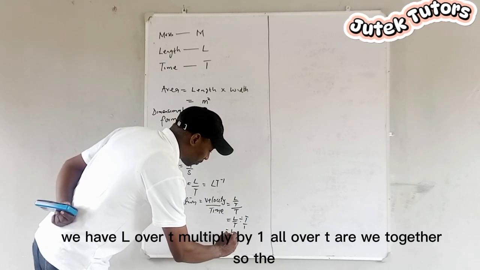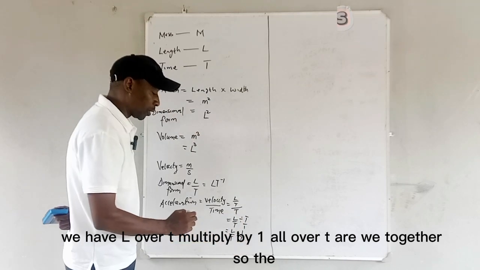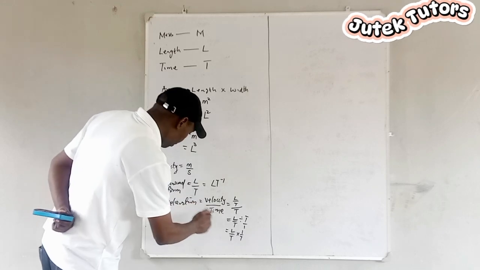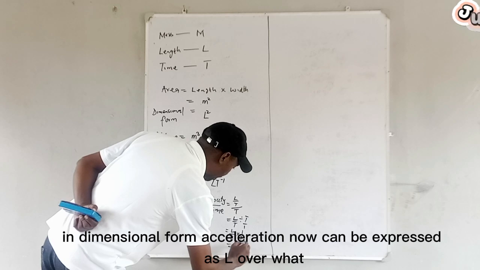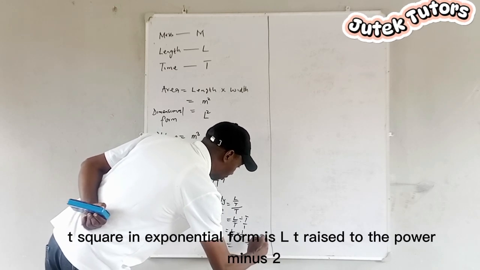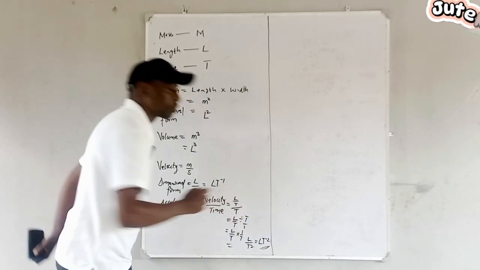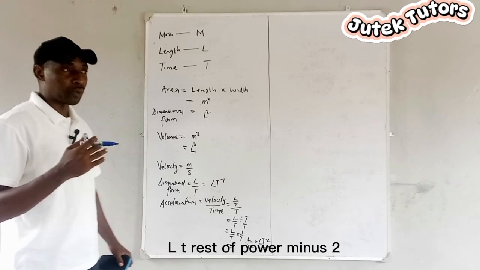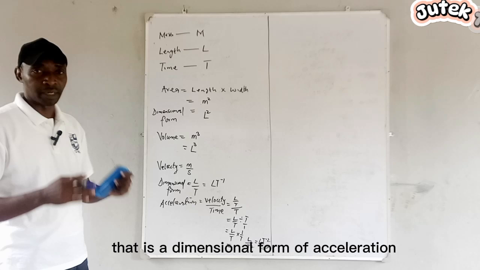We have L over T multiplied by 1 all over T. Are we together? In dimensional form, acceleration can now be expressed as L over what? T squared. In exponential form it is LT raised to power minus 2. That is the dimensional form of acceleration.